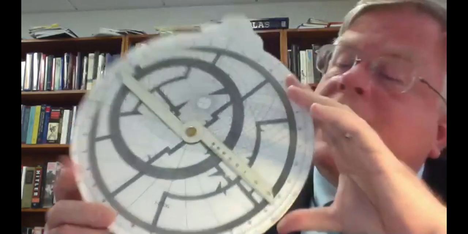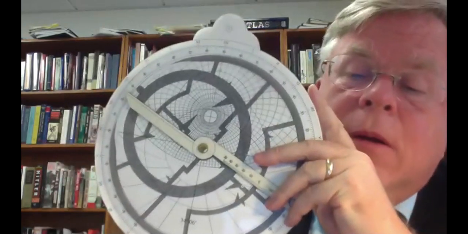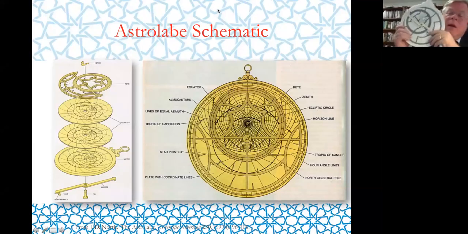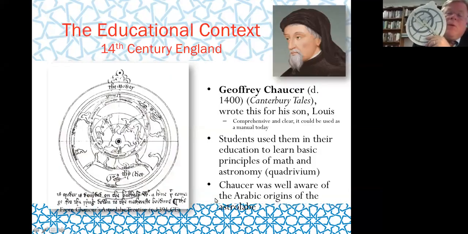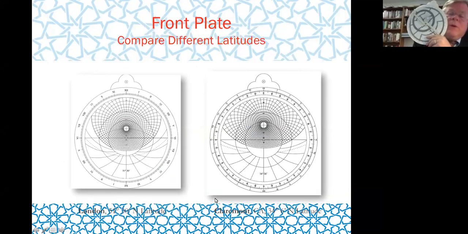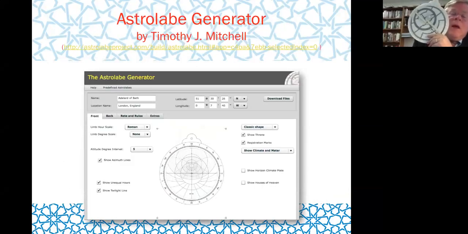You can actually make your own astrolabe quite easily. There are computer programs available online that will generate the plates for you. Here's the one I use. It will generate the plates for you, and the front plate is useful only for a specific latitude.